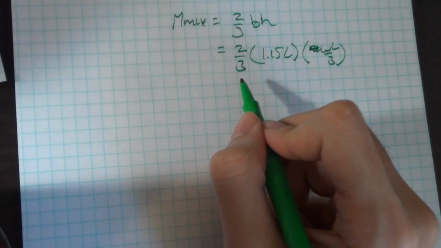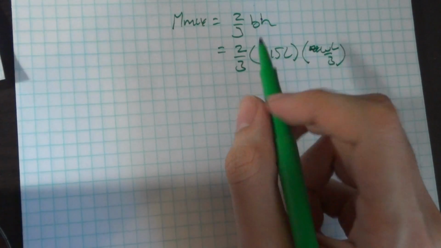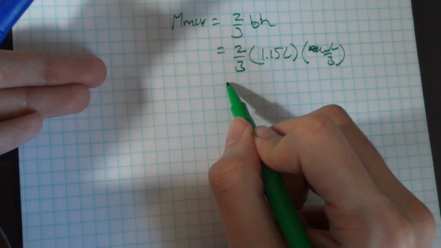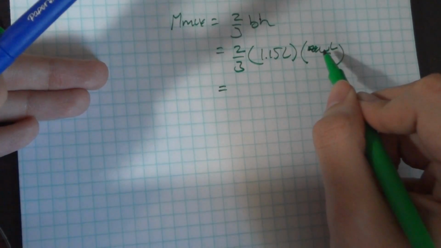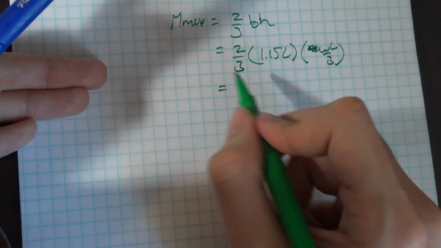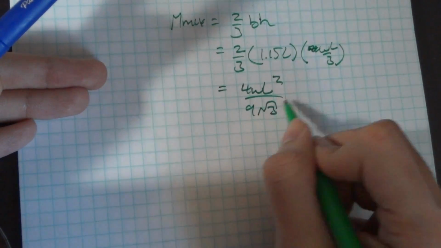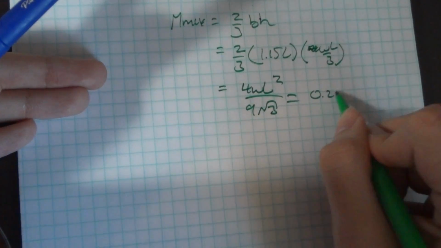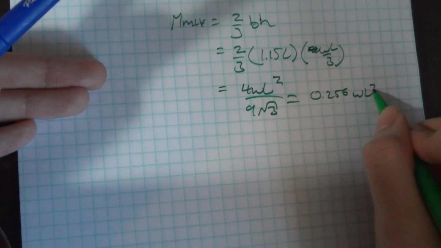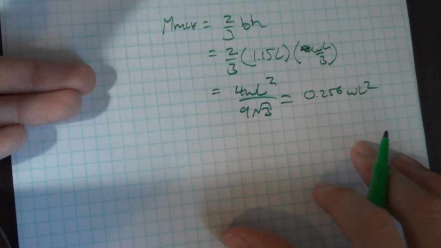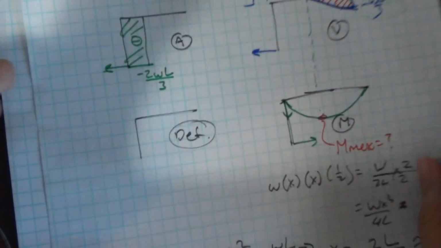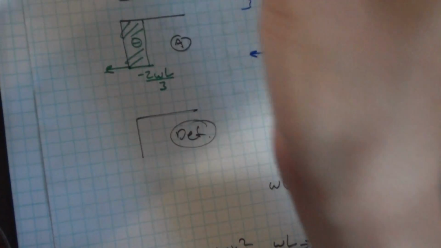If I do all that, I should end up with 4WL squared on 9 root 3, which is about equal to 0.256 WL squared. And I can plug that value in here.